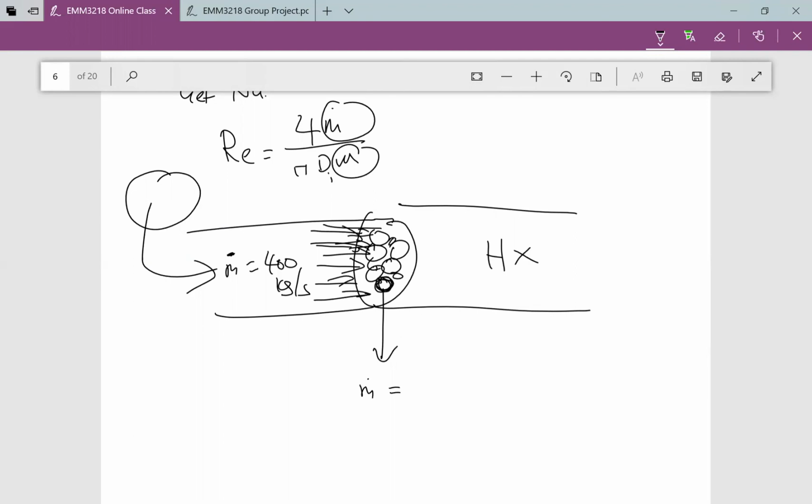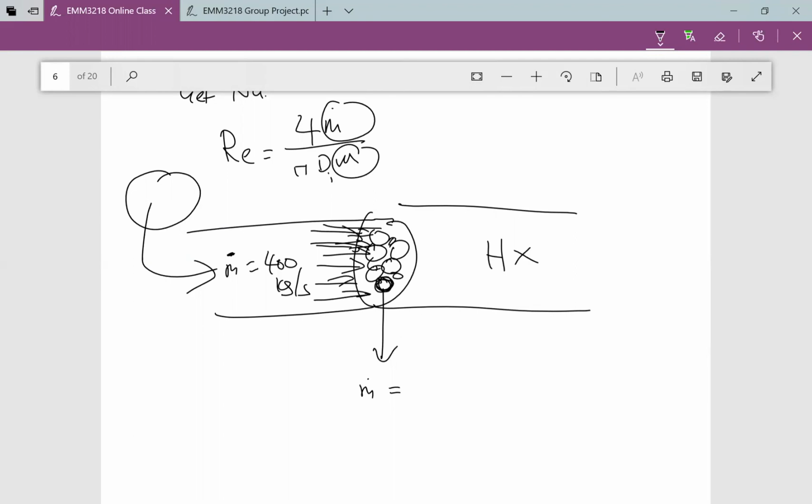Divide by 1,000. Right, you have to divide by 1,000. Okay, imagine you have 400 something, right? And then it goes through 1,000 channels.